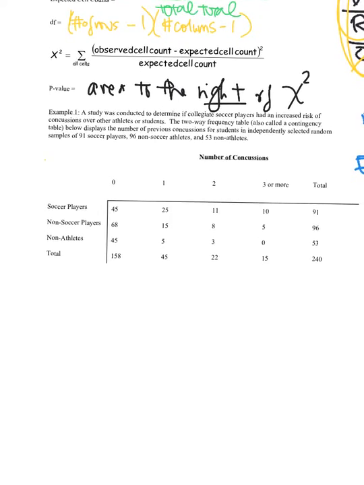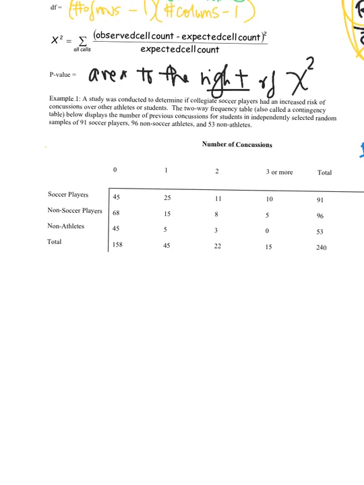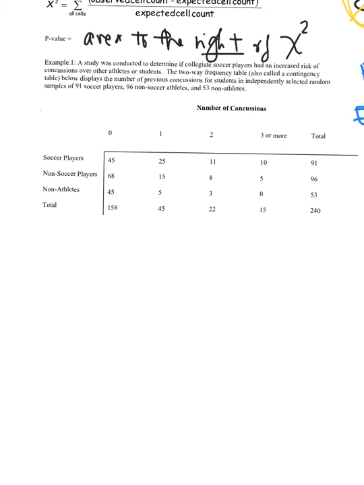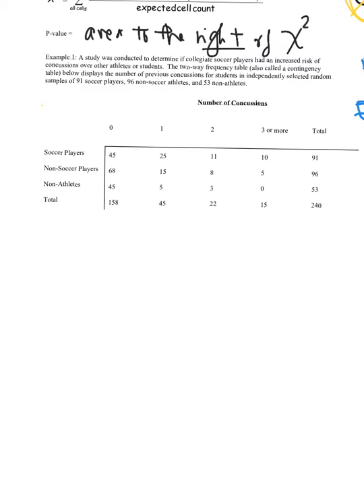The question is example 1. A study was conducted to determine if collegiate soccer players had an increased risk of concussions over other athletes or students. The two-way frequency table, also known as a contingency table, below displays the number of previous concussions for students in independently selected random samples of 91 soccer players, 96 non-soccer athletes, and 53 non-athletes.